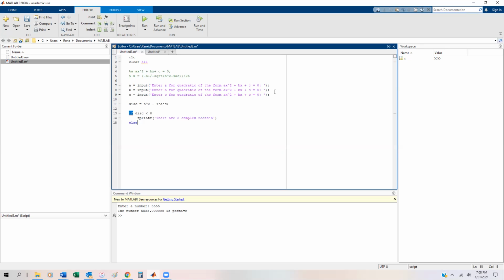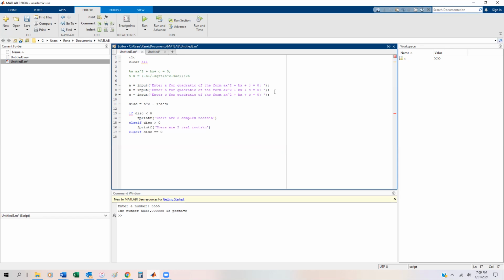And let's do an else if. So else if, let's say disk is greater than 0, then let's print that there are 2 real roots. And then finally, now notice the double equal. Okay, so we're going to say else if, and we don't really have to do this.